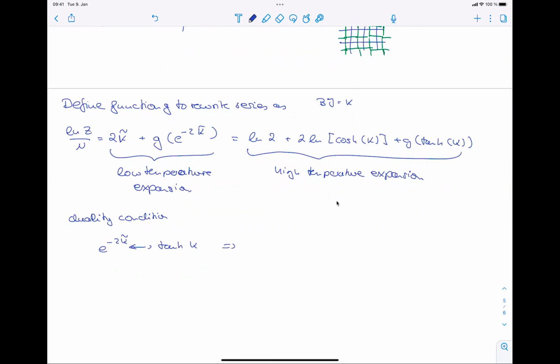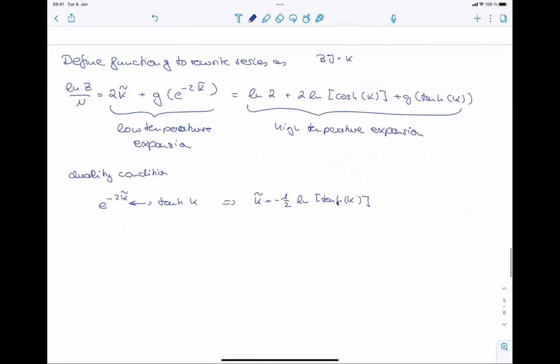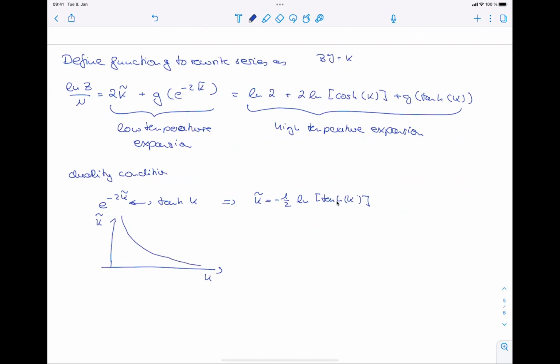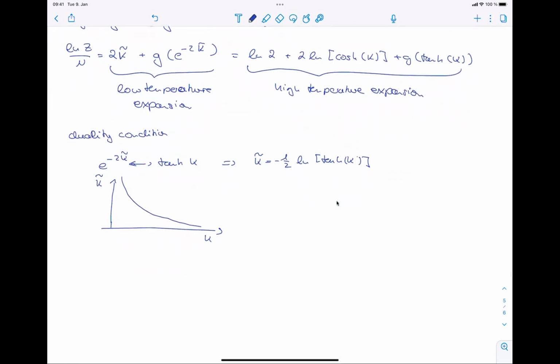Which means that K tilde is minus a half of ln of tanh K. And so this means that I have a mapping between K tilde and K that's given by this function. If I plot this function, it looks something like that. So there's a continuous mapping between K and K tilde.